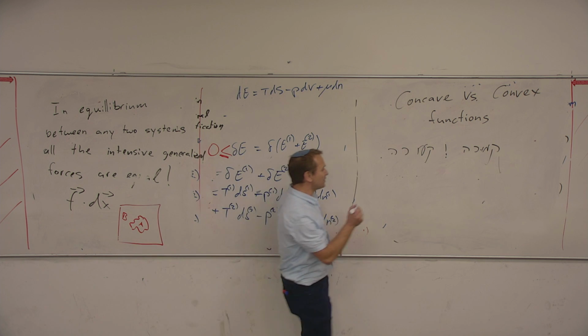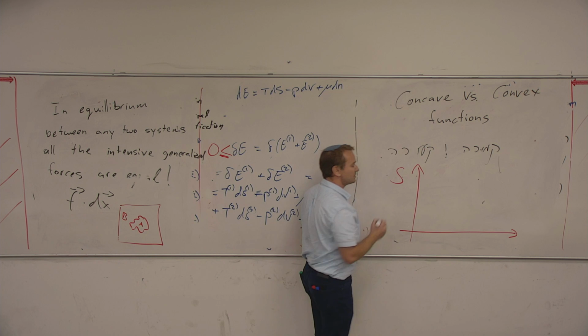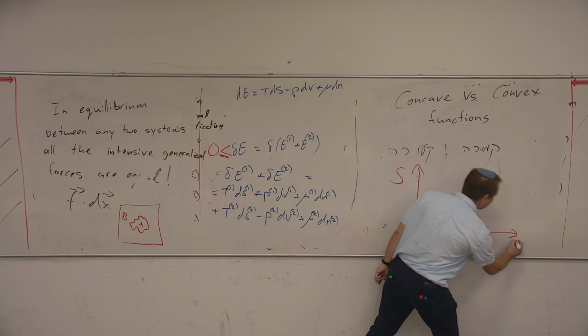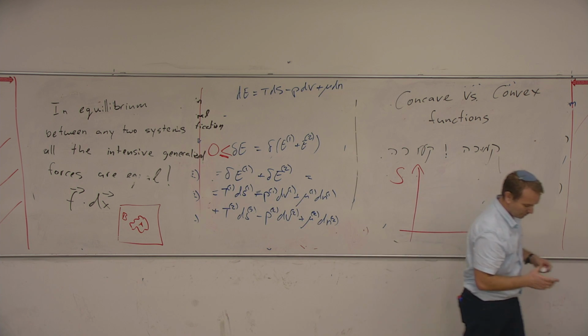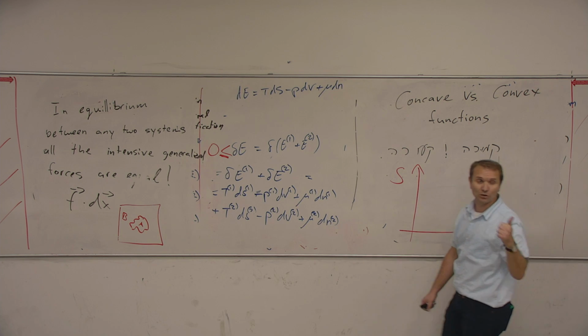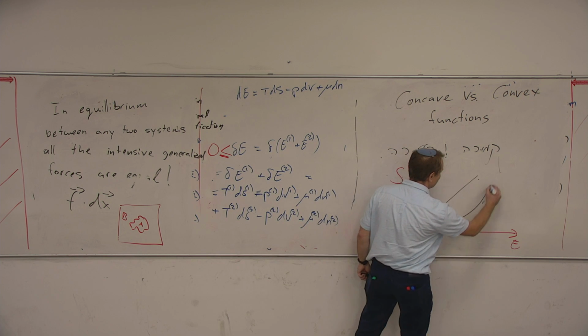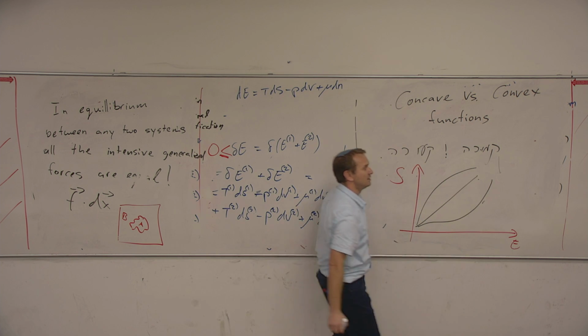Remember the following statement. We know if this is entropy and this is energy, entropy is a monotonically growing function of energy, right? So it can be something like this, like this, or like this.